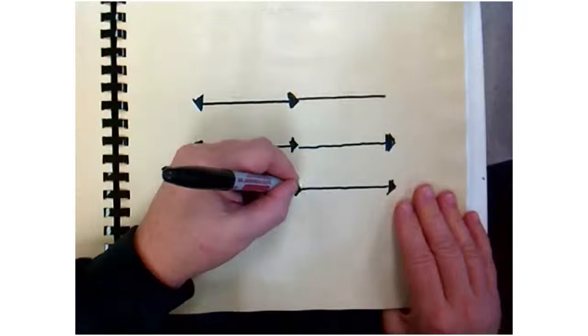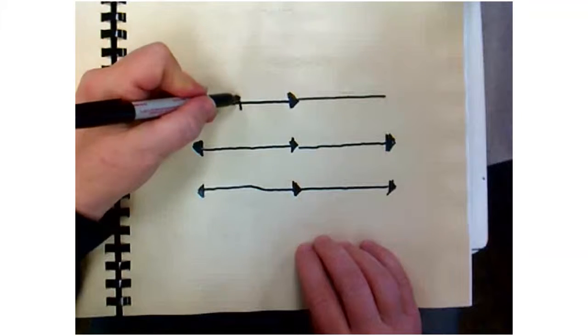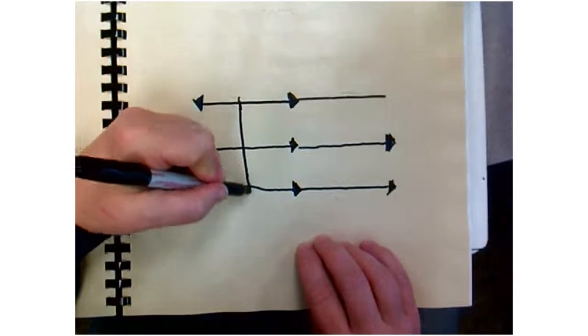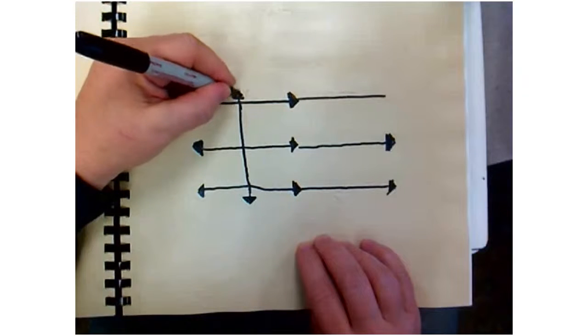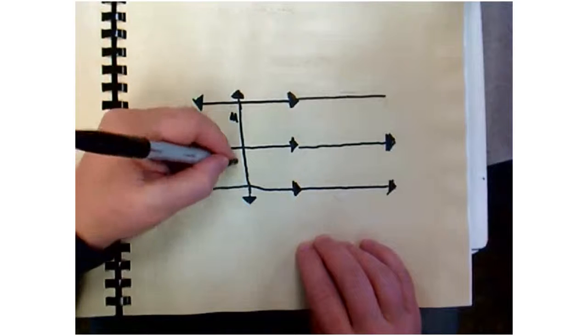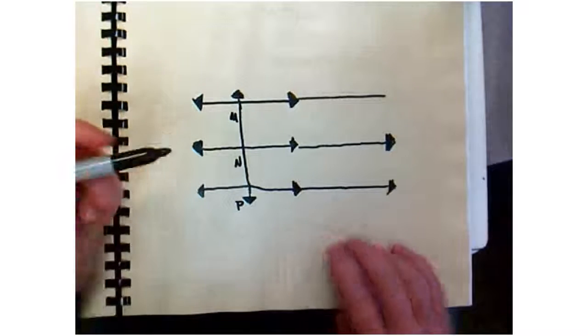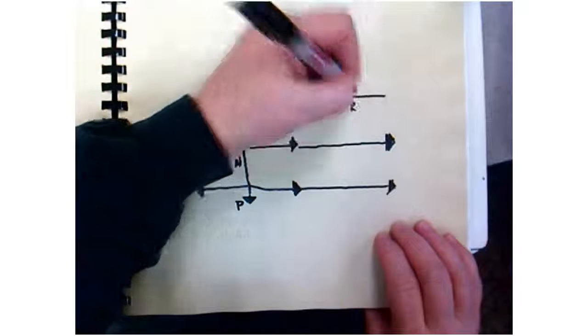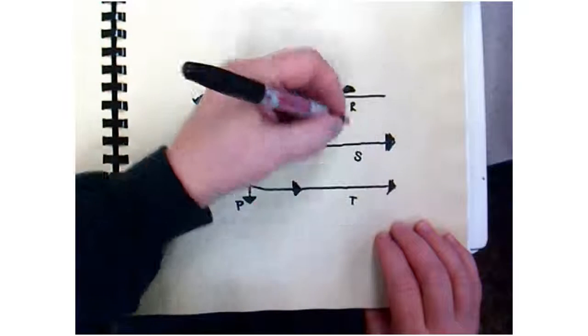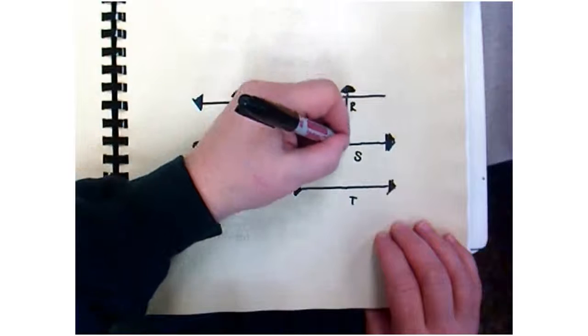The one on the left is kind of pitched just before noon. It intersects at points M, N, and P. The one on the right intersects at R, S, and T.